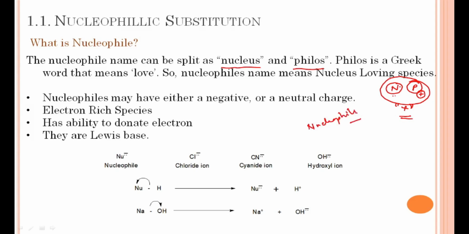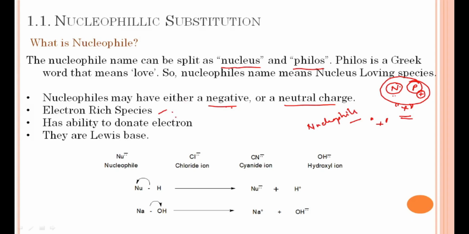There are certain properties of a nucleophile. A nucleophile may be either negative or neutral. Definitely, if it has an affinity towards positive charge, it must be neutral or negative in charge. They will be electron rich species. They will have non-bonding electrons in the outermost shell of orbital.